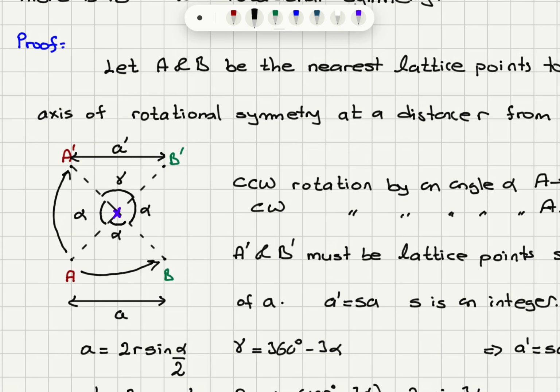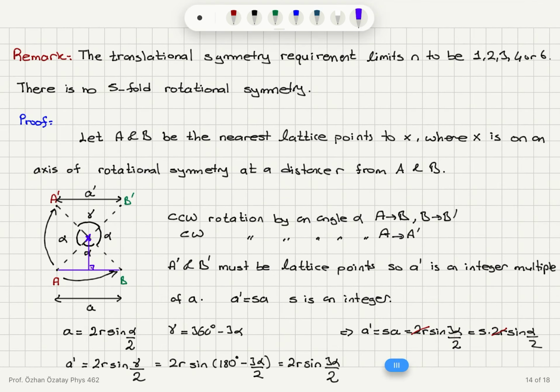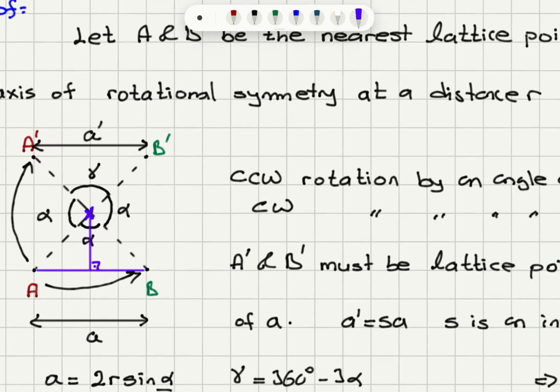So if you look at this triangle here, this is the base, and I drop a perpendicular and it's 90 degrees. So the distance from the point X to points A and B I called r.